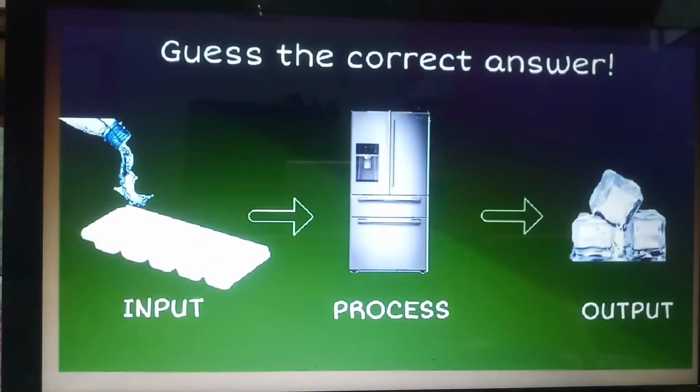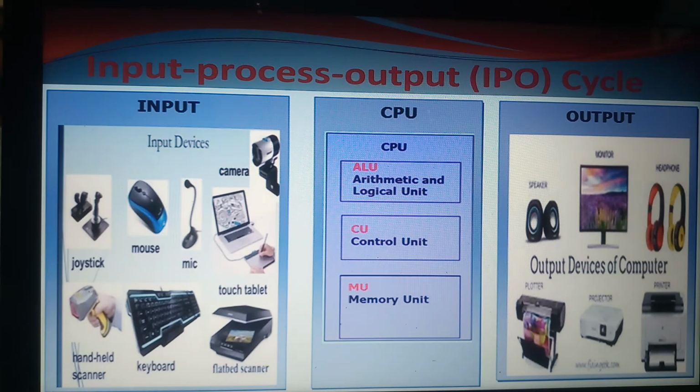Input is responsible for providing information and instruction to the computer. It can be through mouse, keyboard, mic or web camera. Once the computer receives the input, it does the processing on it. This is the responsibility of the CPU or central processing unit. A CPU has three main components: ALU, CU and MU.